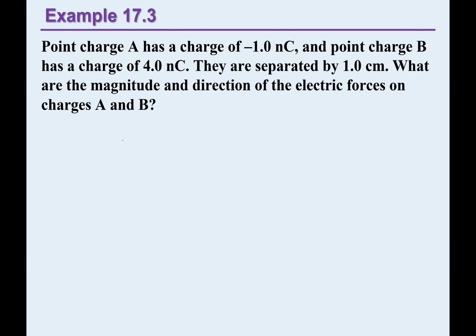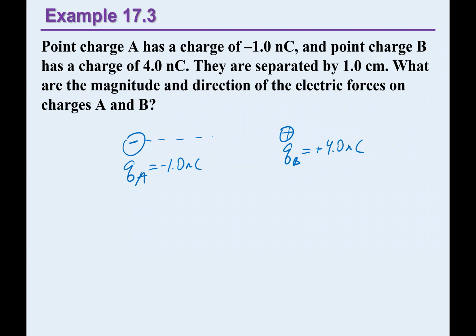Here's charge A, and I know it's negative, so I put a negative sign, so it's -1 nanocoulomb. And here's charge B. It's positive, so I put plus. So charge B is plus 4 nanocoulomb.